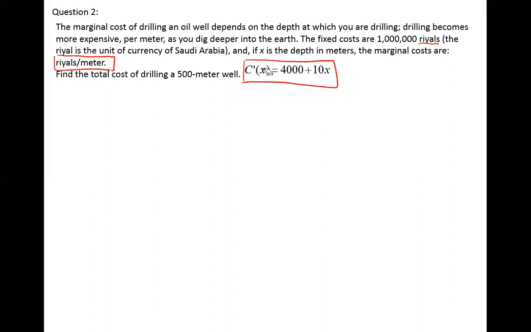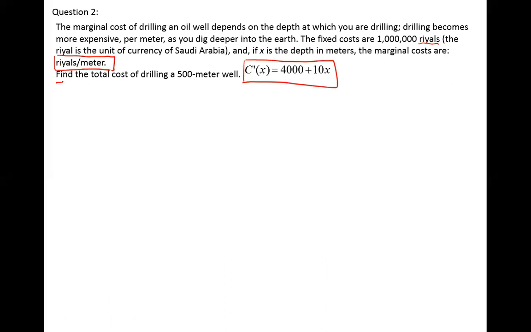One more time, marginal cost is C prime of x, 4,000 plus 10x. Now the question is, find the total cost, the total change in the function, that's today's topic, of drilling a 500-meter well.